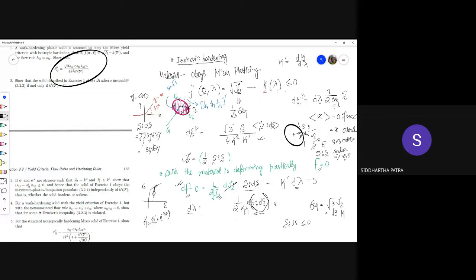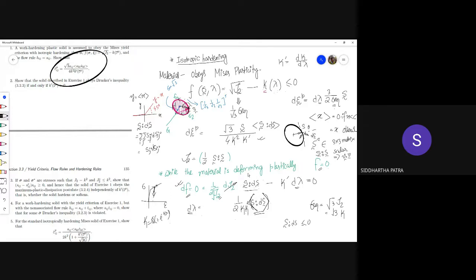So this Macaulay bracket is just a fancy accessory to say that when f is no longer equal to 0, when you are deforming elastically or unloading, your plastic strain increment would be 0.